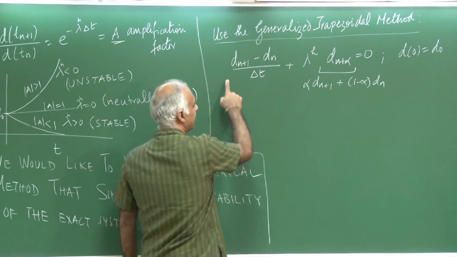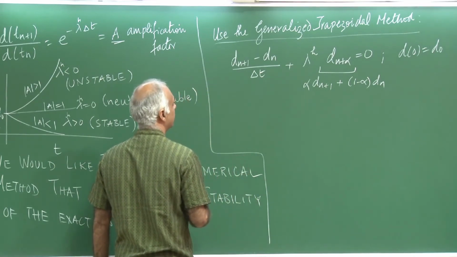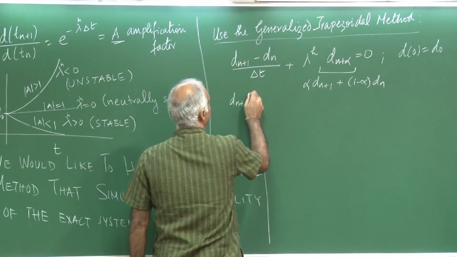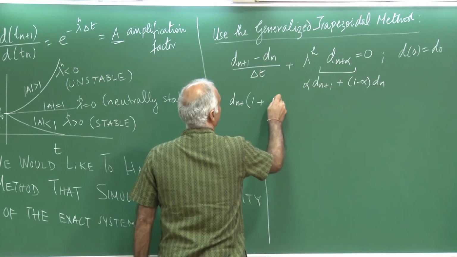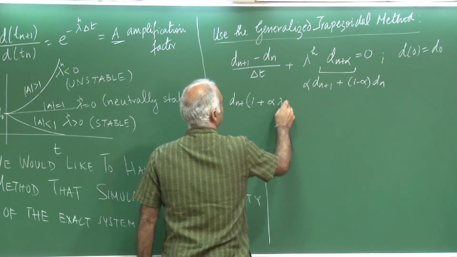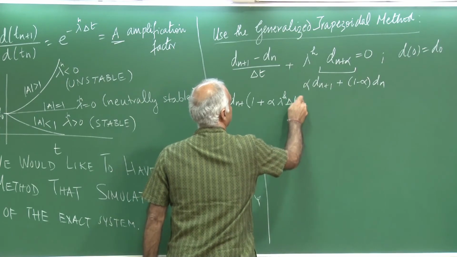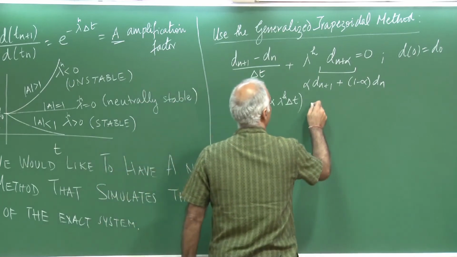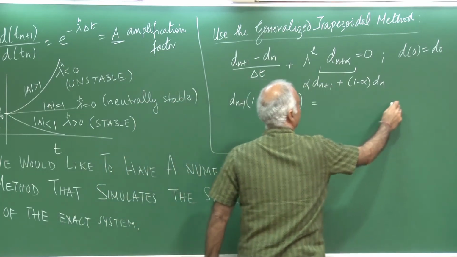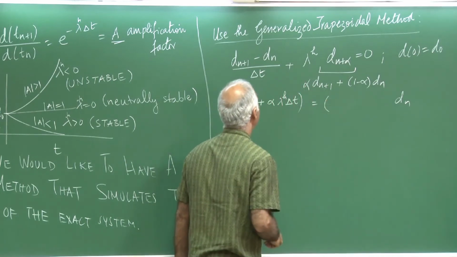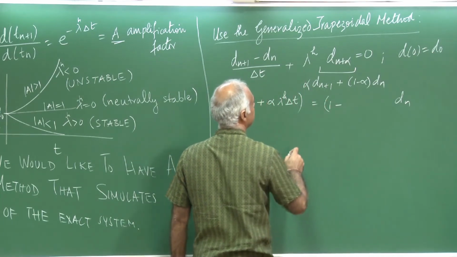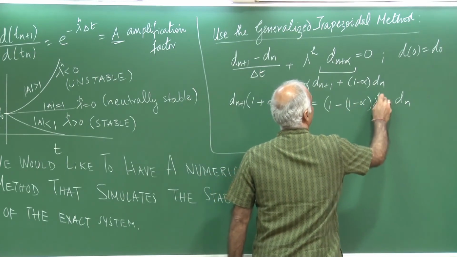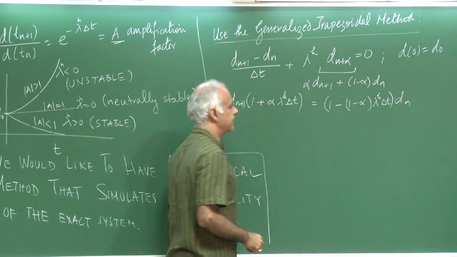So, I can collect the terms of n plus 1 together, and that would give me d n plus 1 times 1 plus alpha lambda h delta t. So, that is d n plus 1, and I will take the terms for d n on the right hand side, and these would be 1 minus alpha lambda h delta t.